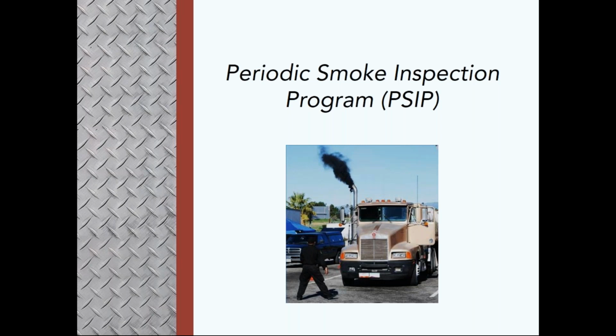That's kind of false, because this is what's called an in-use regulation. This is a requirement to keep your vehicle in good mechanical shape so that the emissions from it are minimized. The Periodic Smoke Inspection Program requires all owners of certain fleets to annually do some type of inspection of their vehicles so that we can have some proof that the vehicle is being maintained properly.